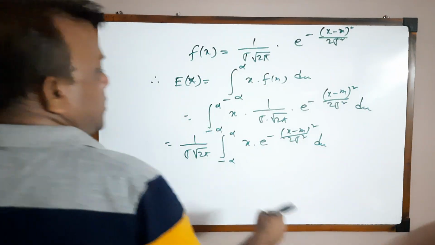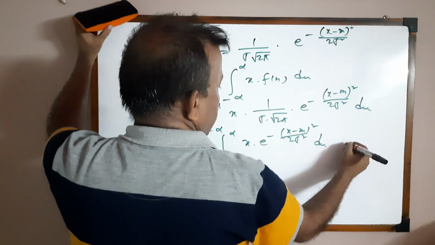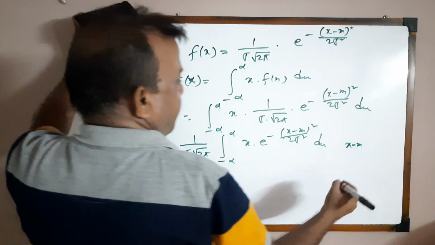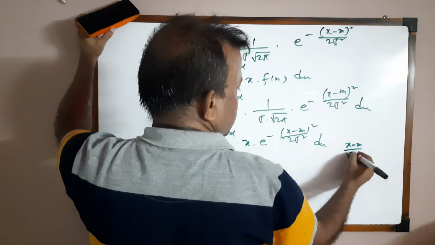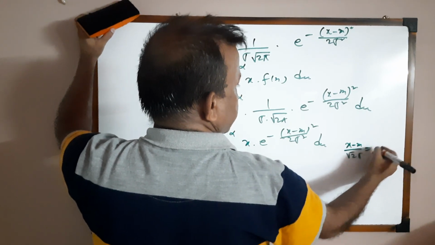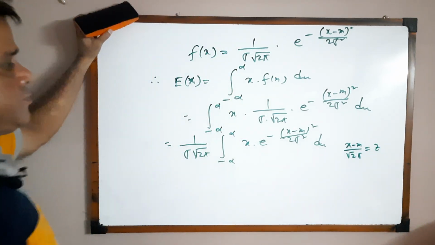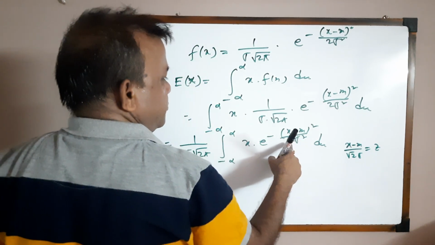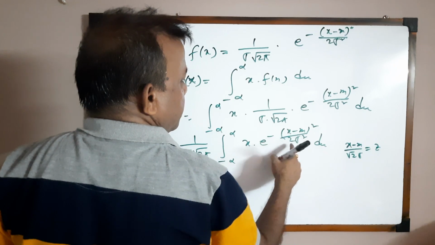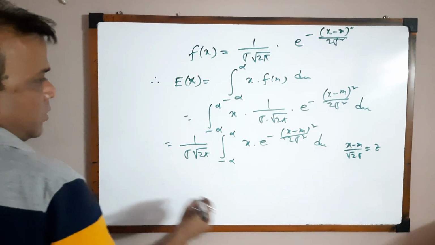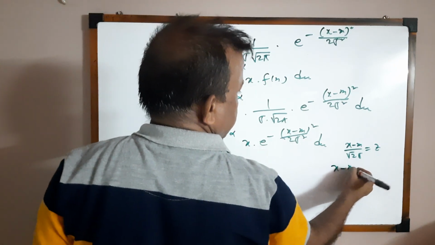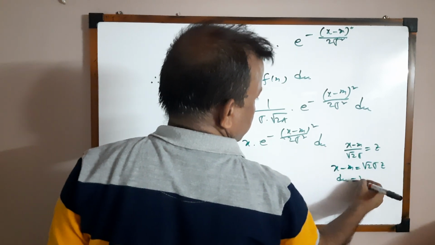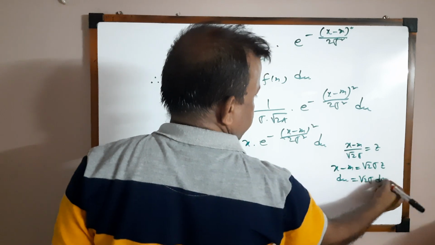To solve this integration, we have to put (x minus m) by root 2 sigma equals to z. x minus m equal to root 2 sigma z, dx equal to root 2 sigma dz.